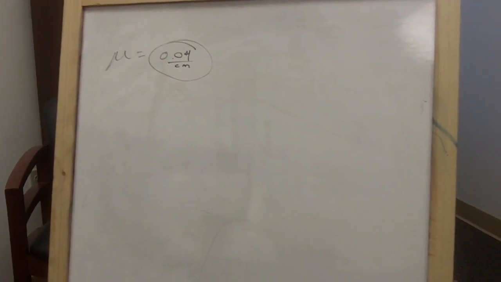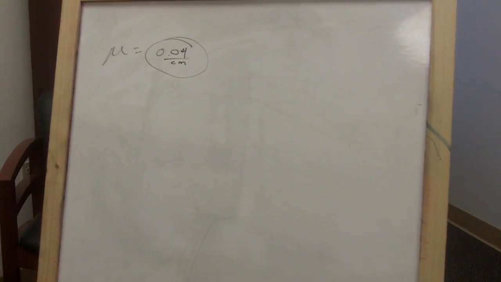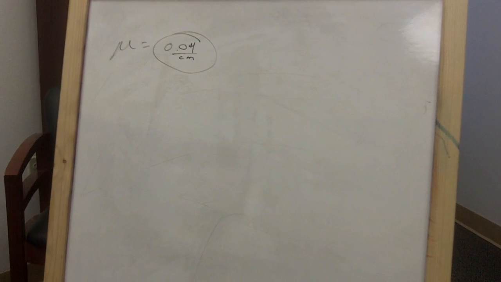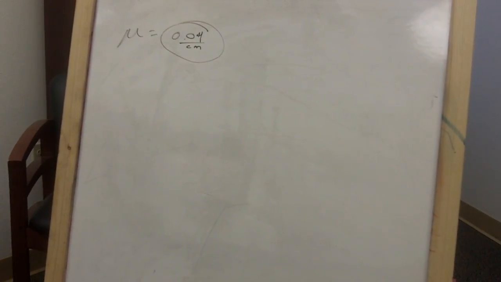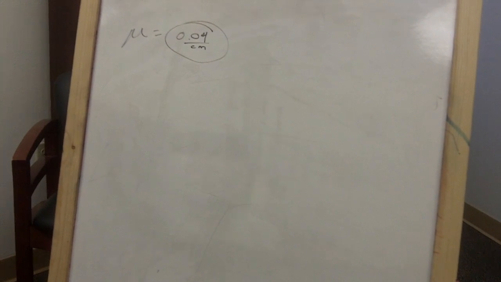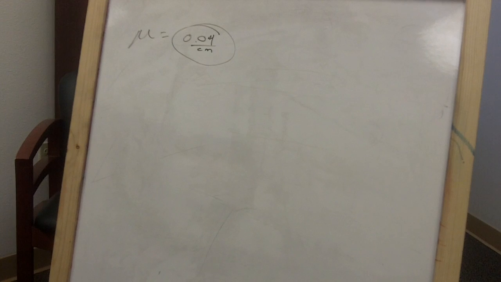Okay, so we've got that. We're going to use our intensity formula. Problems 3 A, B, C, D are just the same formula, and he doesn't change mu. He makes you do the same thing 4 times with a different thickness, basically, right?